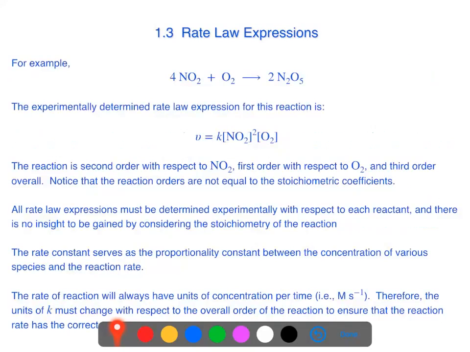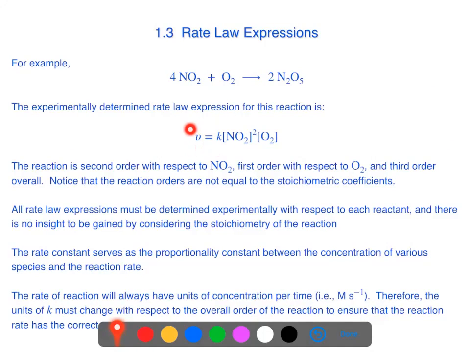Now let's look at an example of a rate law expression using a reaction we saw previously, where we have 4 moles of nitrogen dioxide reacting with 1 mole of molecular oxygen to give us 2 moles of dinitrogen pentoxide. The experimentally determined rate law expression for this reaction is shown.